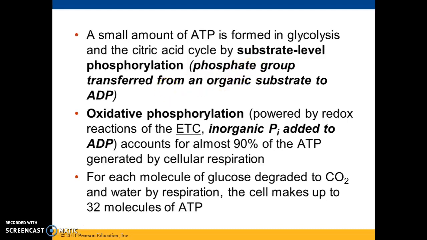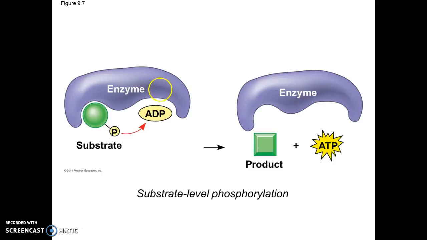It's being taken from someone, or substrate level is stealing a phosphate, as we can see in this picture. The phosphate group was attached to another substrate, but it's being stolen from there, added to ADP, or adenosine diphosphate, resulting in ATP, or adenosine triphosphate.